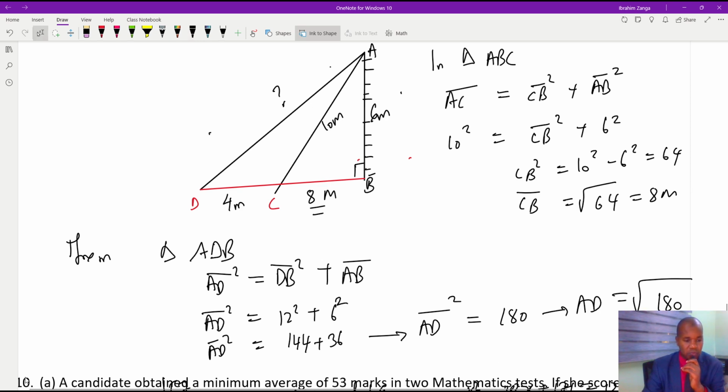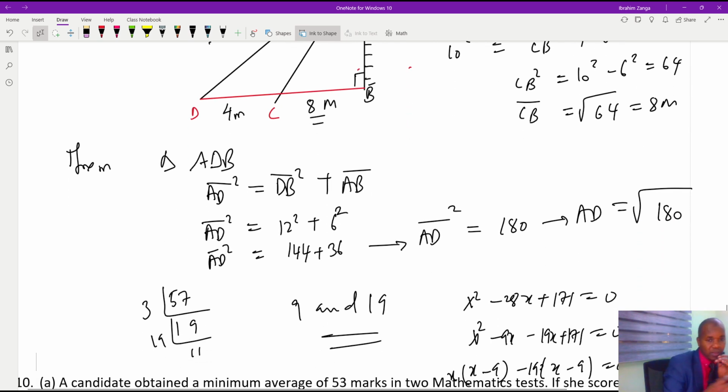So you're going to simplify a little bit what is within the bracket.